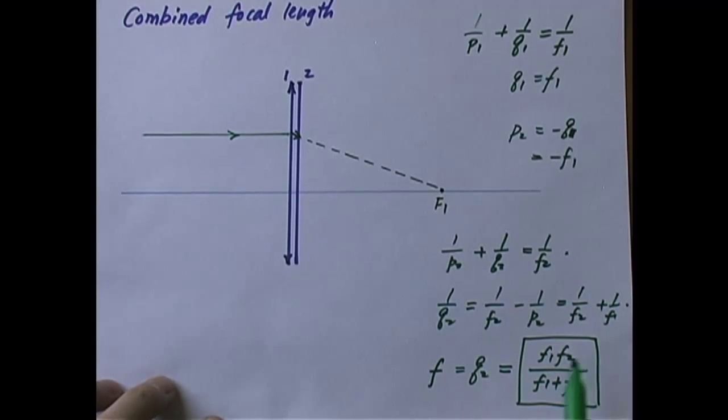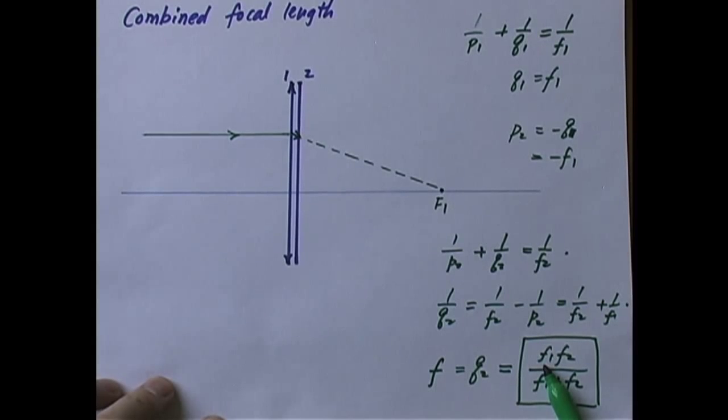Is that true? Well, if F1 and F2 are both positive, then this combo, F1 F2 divided by F1 plus F2, is shorter than F1 and shorter than F2. Isn't that true? Because F1 times the factor, which is F2 over F1 plus F2, that factor is of course less than 1, so it's less than F1.